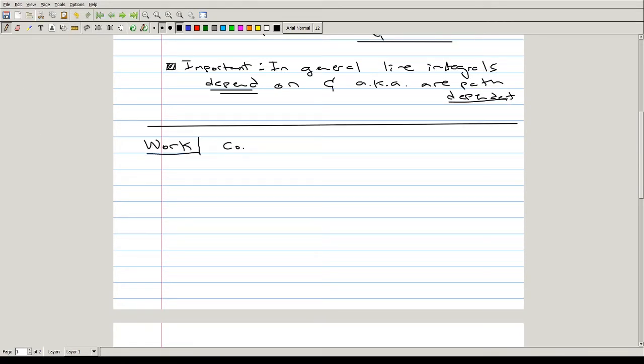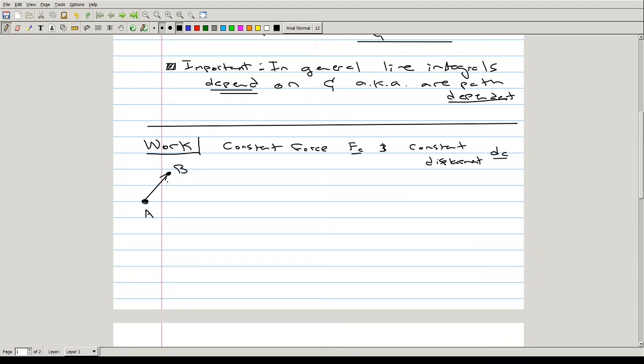So for a constant force, call it Fc, and a constant displacement, we'll call this dc, the work done by F along the displacement dc, say we're moving from A to B in a straight line, so we have a constant displacement.